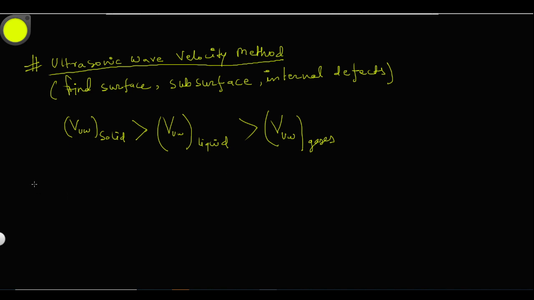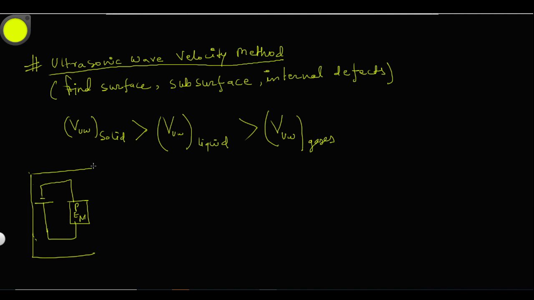Now what we do, we take one piezoelectric material and connect it with a battery or cell. This is piezoelectric material. We connected it with this cell and this device.